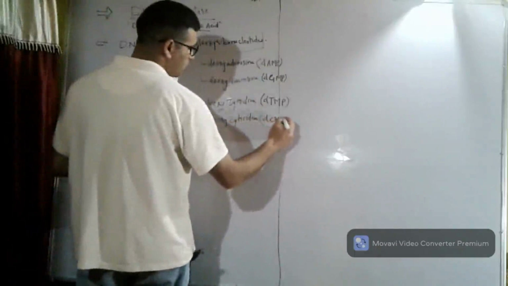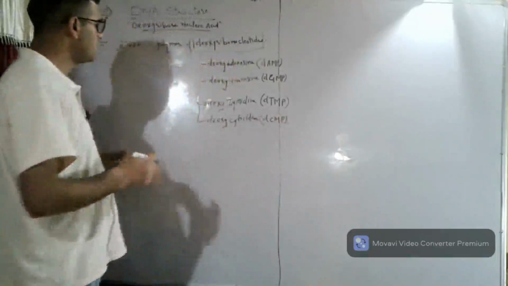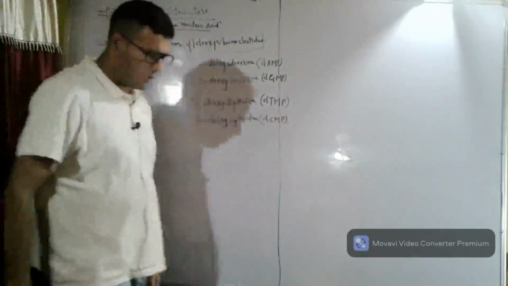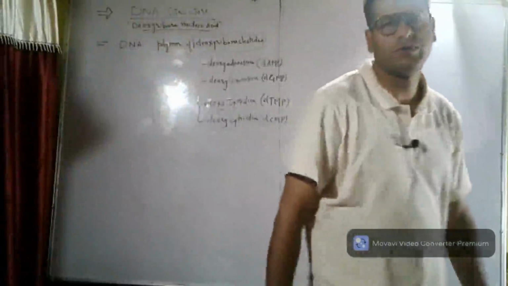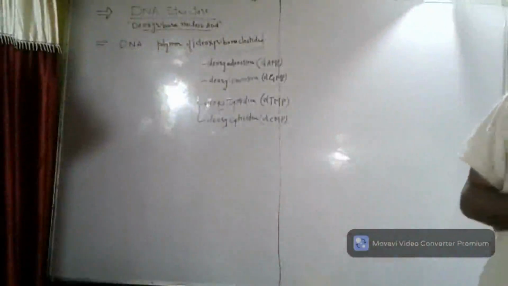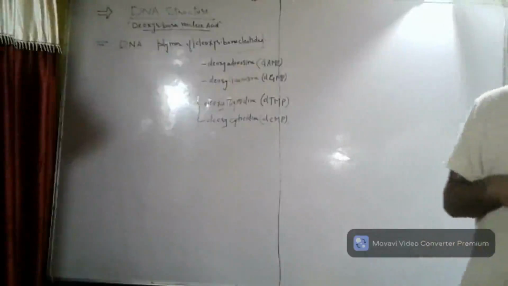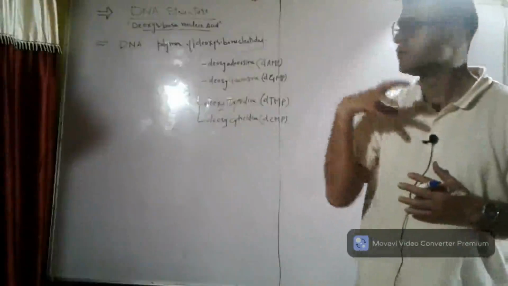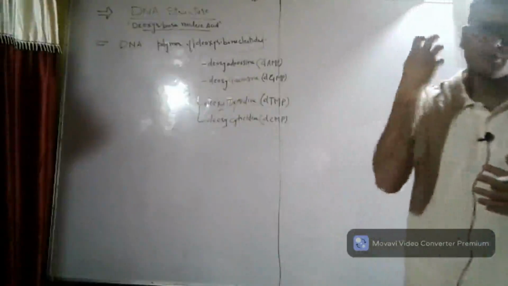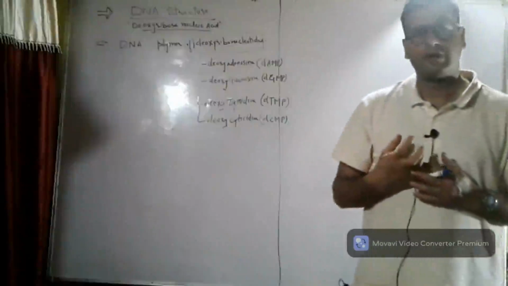So these four deoxyribonucleotides are the building blocks of the DNA.